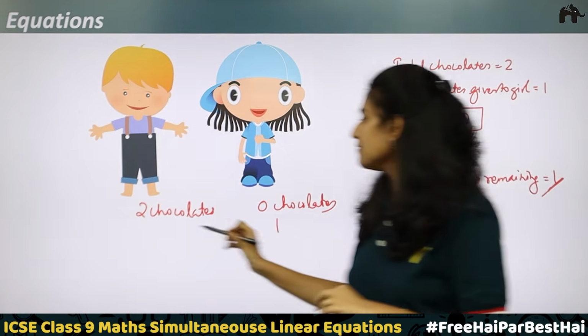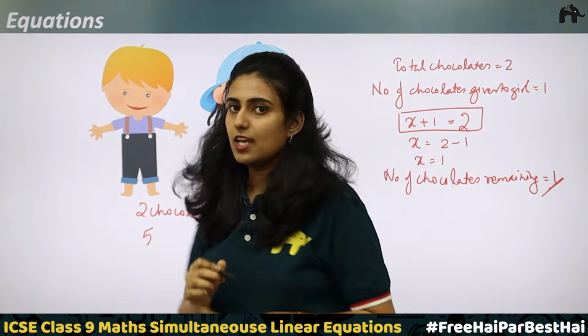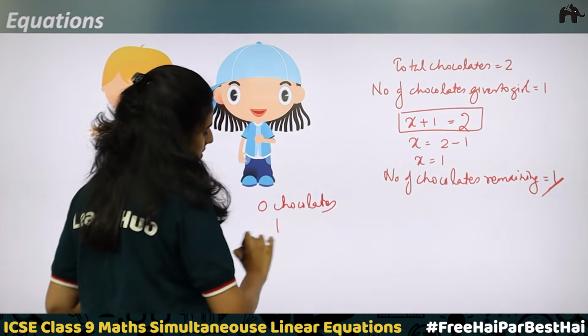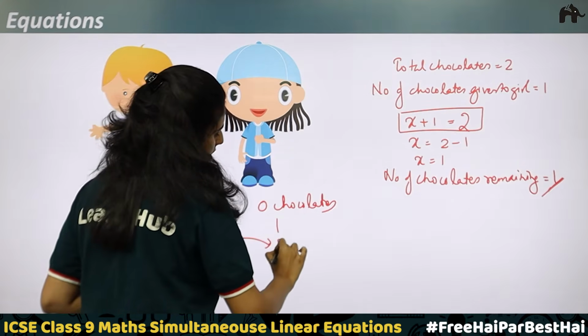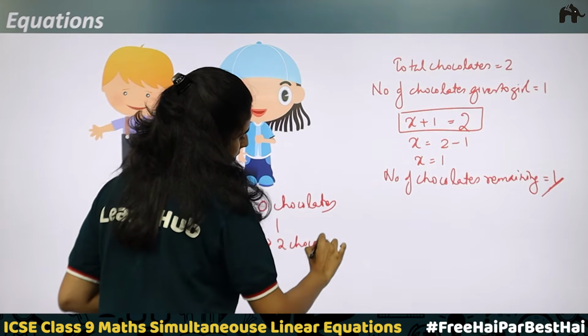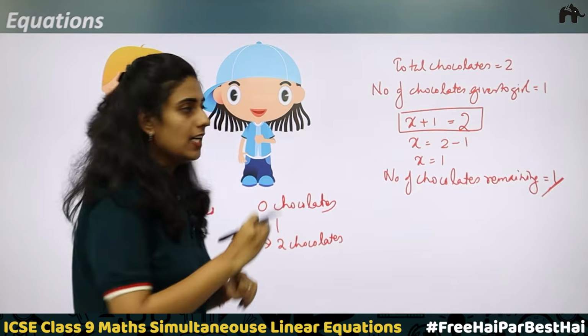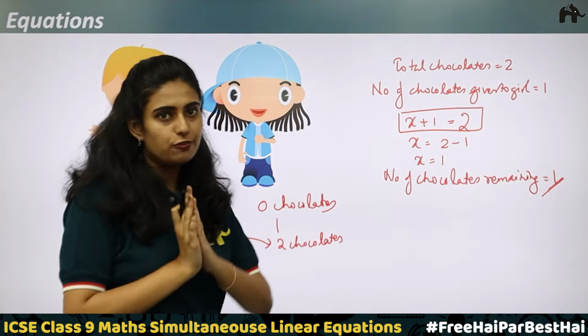If the boy has 5 chocolates and he gives 2 chocolates, then what is the number of chocolates remaining with the boy? How to find?